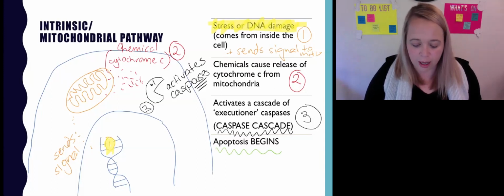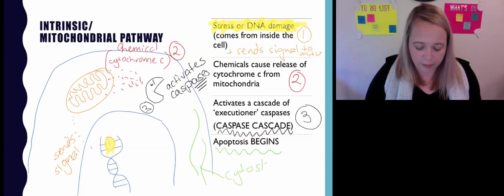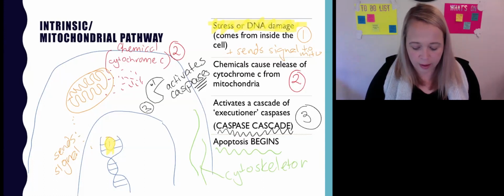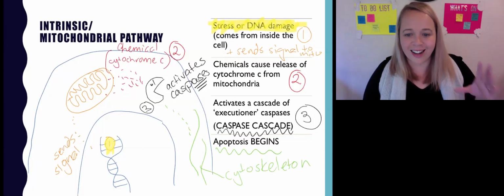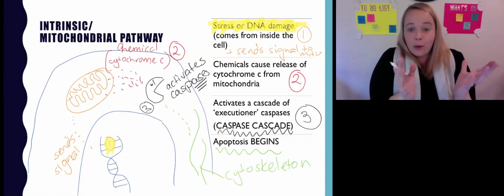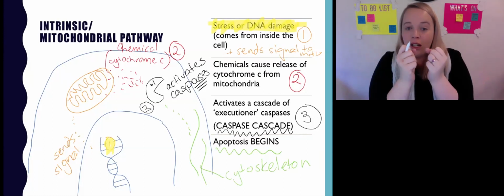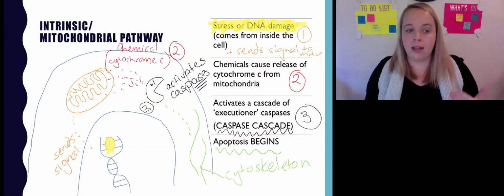So what does that mean? That means here is your cytoskeleton. And these guys are going to go along and start chomping at your cytoskeleton. So the caspases are what actually cause that initial step of apoptosis to occur. There's really 3 things that happen in the intrinsic or mitochondrial pathway.